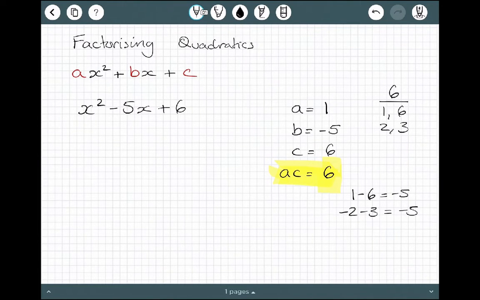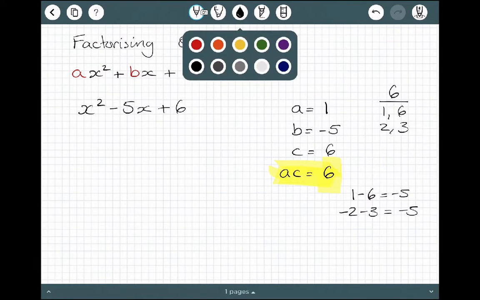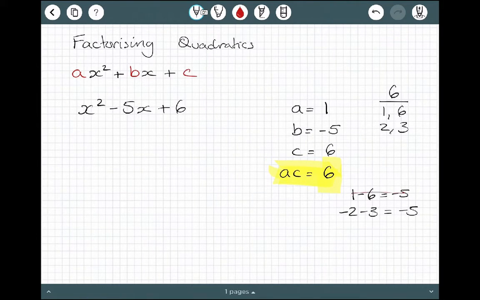That isn't equal to positive 6. However, if I pick negative 2 times negative 3 and multiply them together, I get positive 6. So we have to be careful, we have to explore all the options. Unfortunately, the first option is not valid. This is the option that we're looking for.